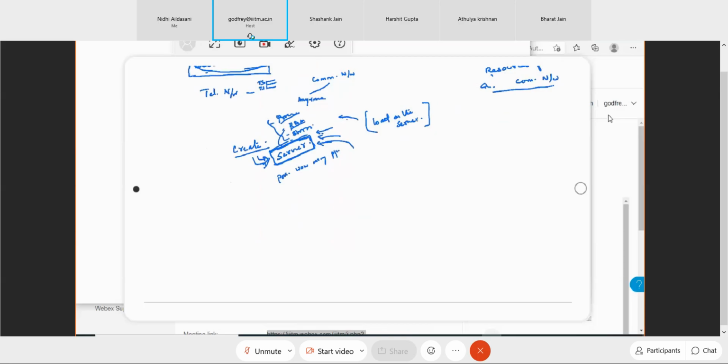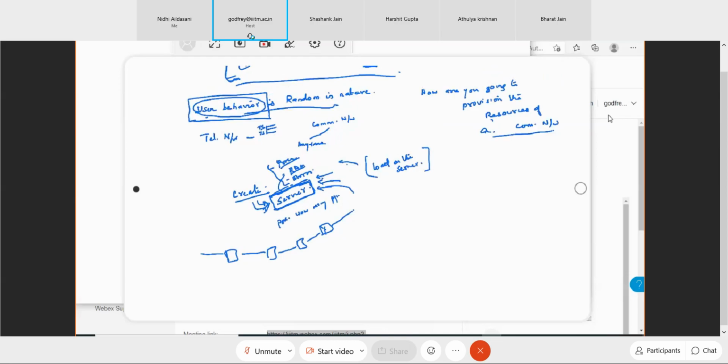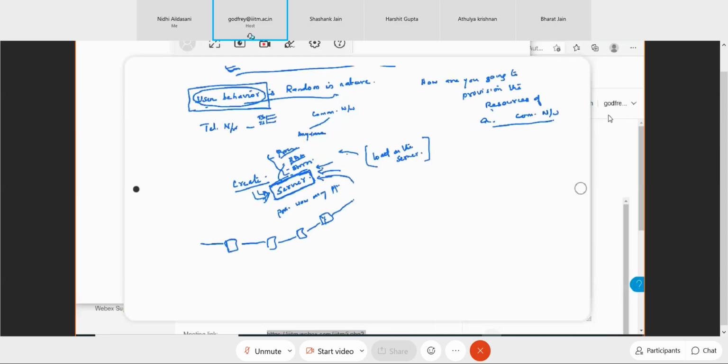On the other hand, if you have a network, then you need to decide on the link capacities at all levels and the switching capacities at all levels in order to provision the resources of the network.